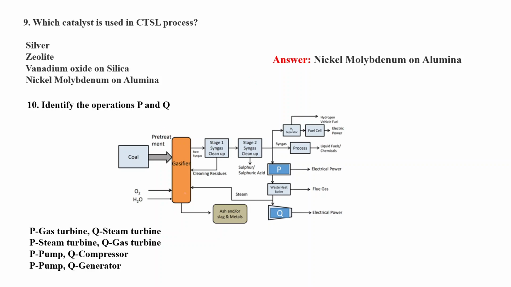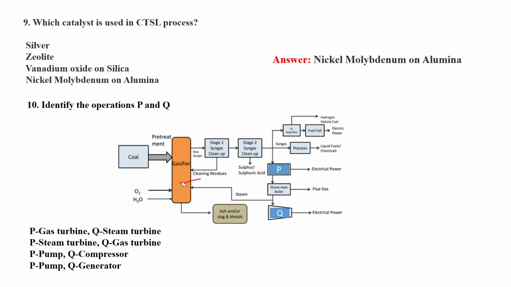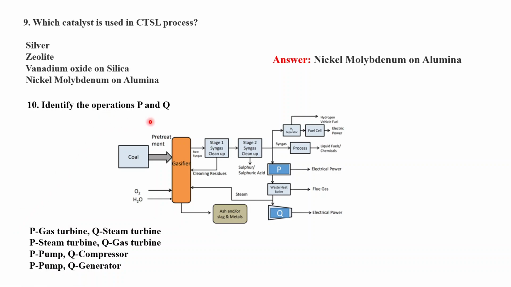So this is a gasification flow sheet. The flow sheet is shown here. Identify P and Q. What would be P and Q?